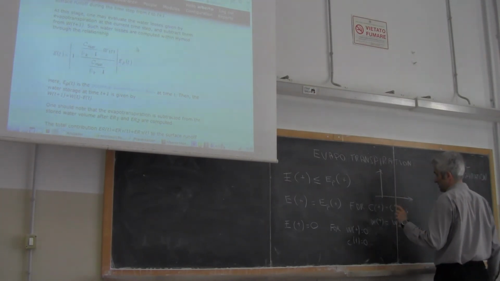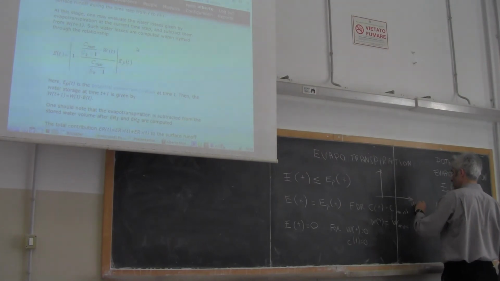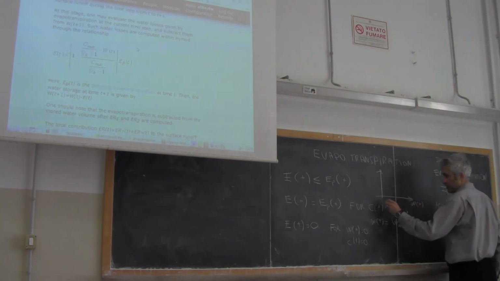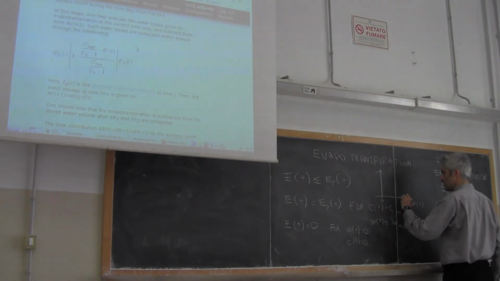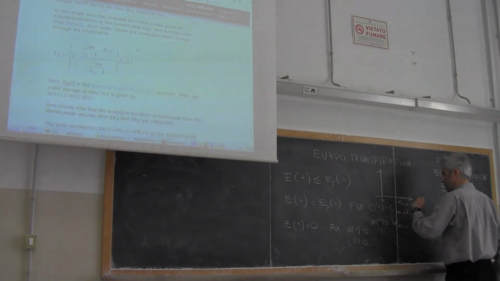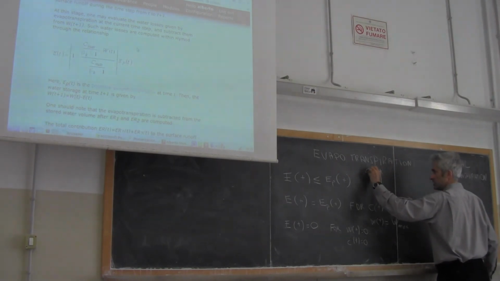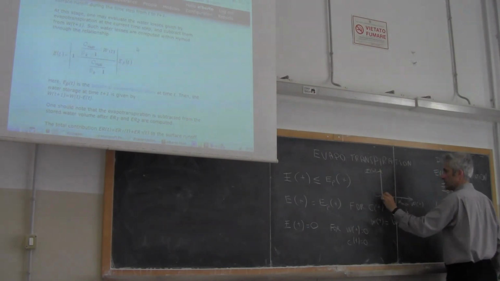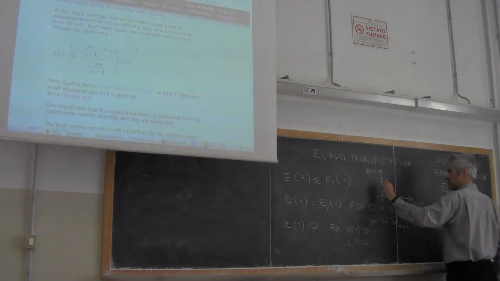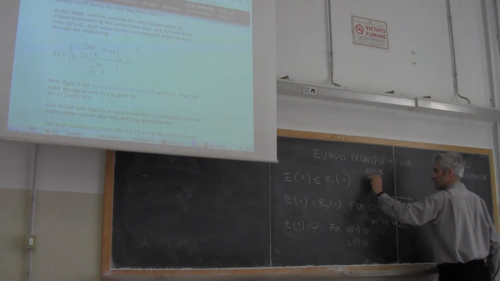One may use Wt as the independent variable, and then it varies from 0 to Wmax. And then ET as the dependent variable varies from 0 to EP.